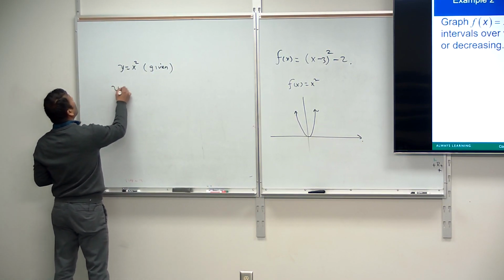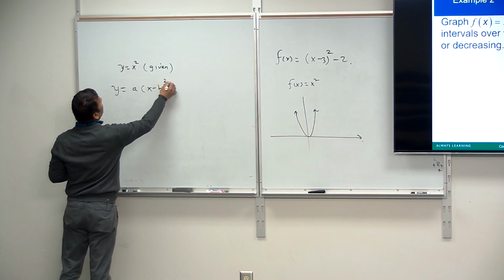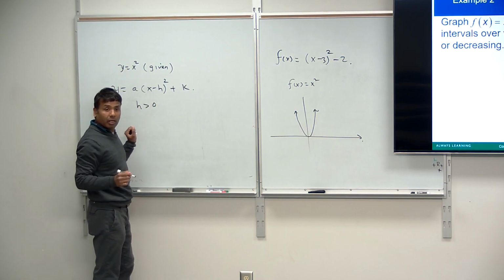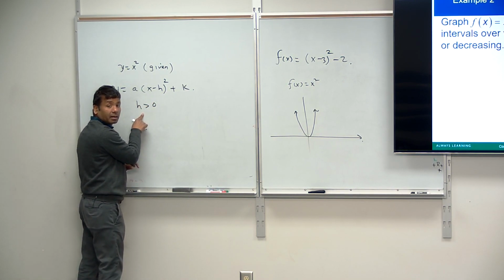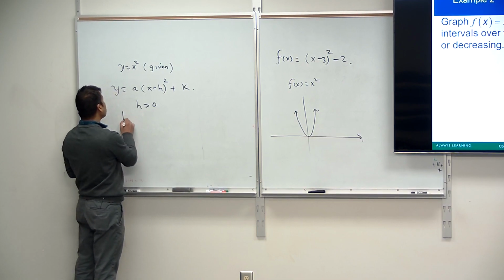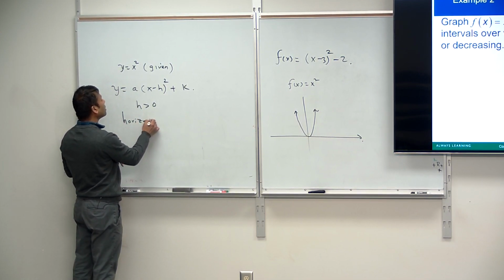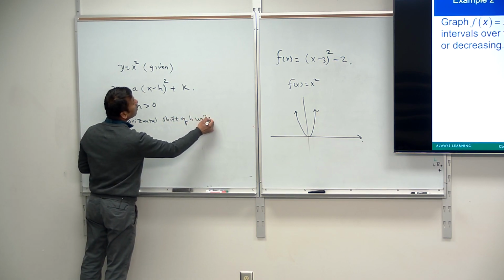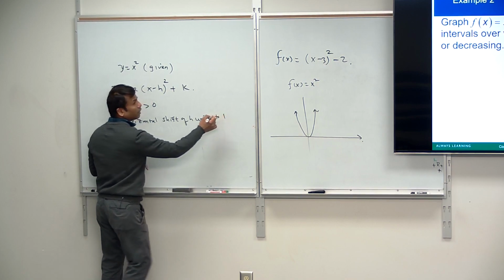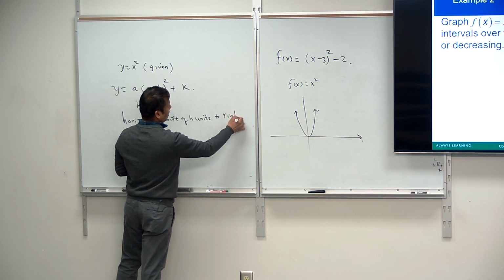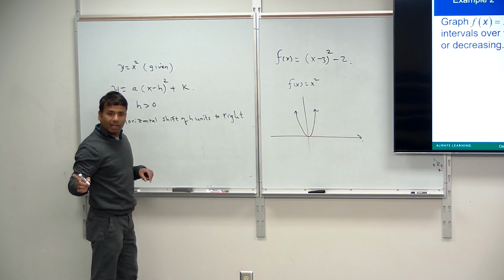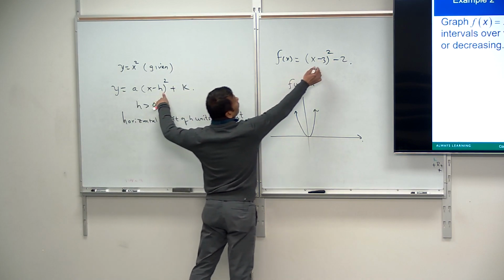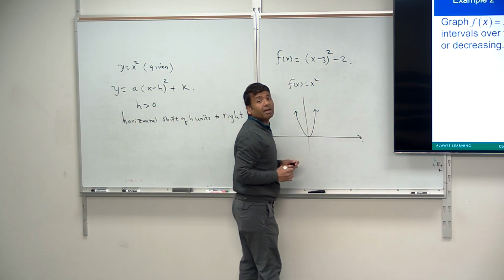If you have y equal to (x minus h) squared plus k, if h is positive, you shift the graph h units horizontally to the right. Here the value of h is 3, so you shift this 3 units to the right.